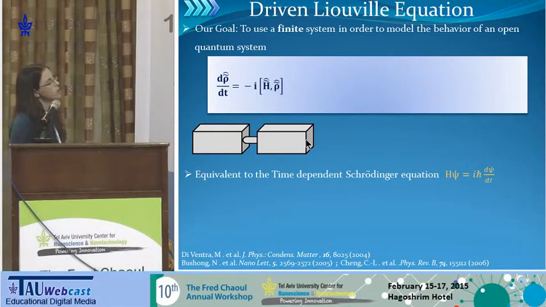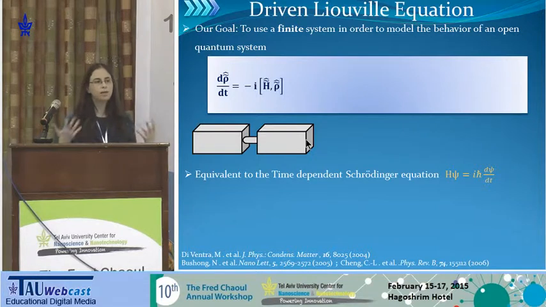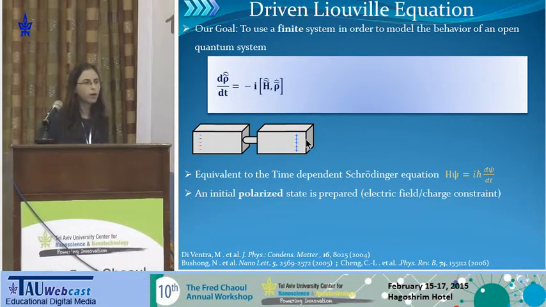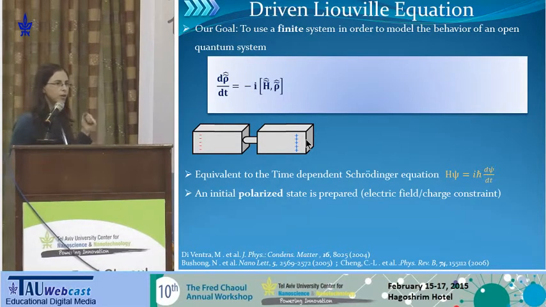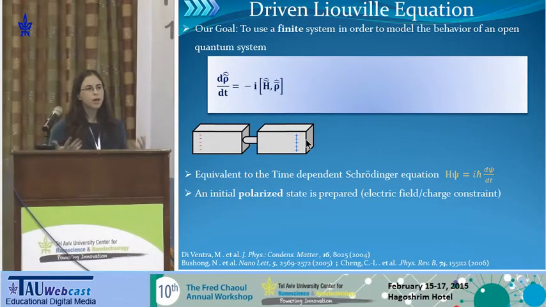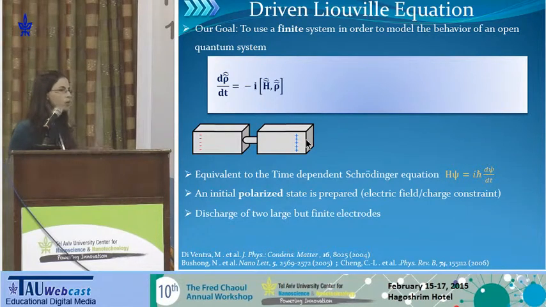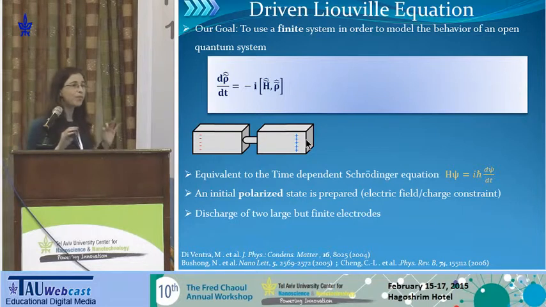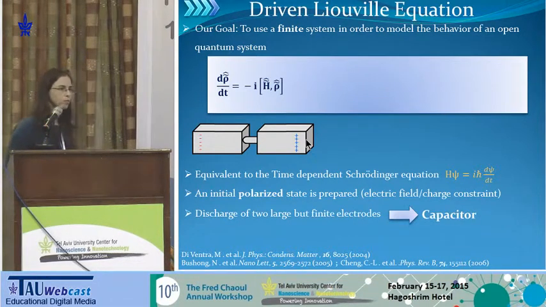Now, in order to understand this part of the equation, let's assume we have some initial polarized state. As a result, we have a negative charge on the left side and a positive charge on the right side. Now we are propagating the density matrix using this Liouville equation. What we are actually looking at is the discharge of two large but finite electrodes, which is actually the behavior of a capacitor.